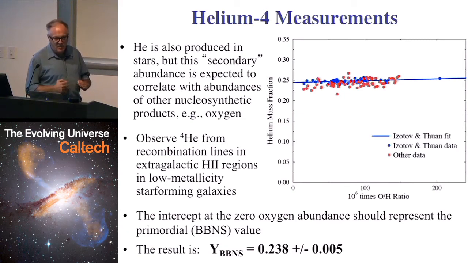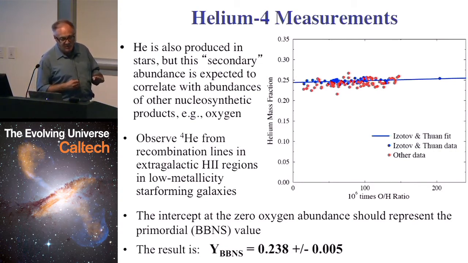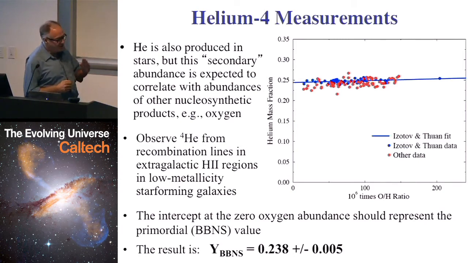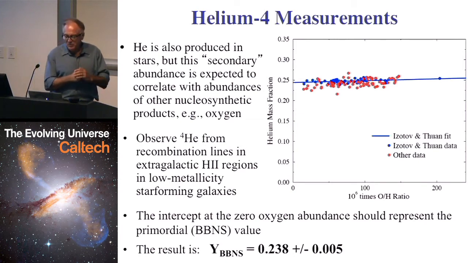Its slope corresponds to the ratio of how much helium you make for how much oxygen, and its intercept tells you how much helium you started with before there was any nucleosynthesis. So the intercept of this line is telling you what the primordial abundance of helium was, getting rid of all of the nucleosynthesis in stars. And it's about 0.24 by mass, and that agrees beautifully with predictions.